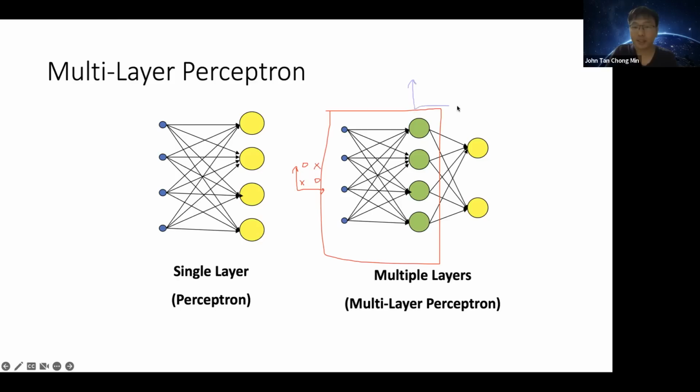Maybe the O's will be on one side and the X's will be on one side. Then you can use another linear separator, which is like a perceptron, and then you can separate the classes again. So an MLP can model that kind of logic gates, right?